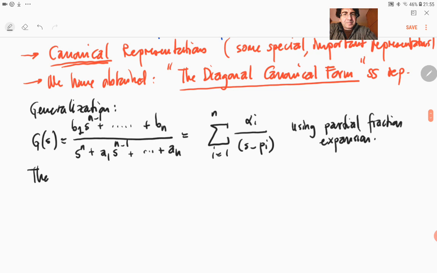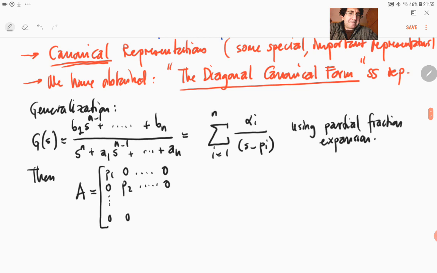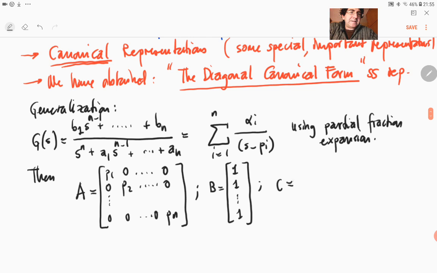Then we have A being composed of the poles themselves on the diagonal, p1 to pn, and B selected as all ones, and in this case C as being selected as the coefficients of the partial fraction expansion.